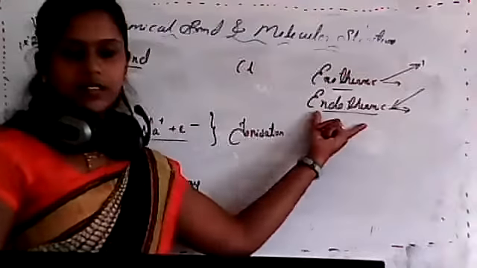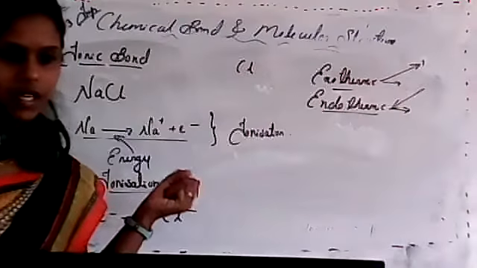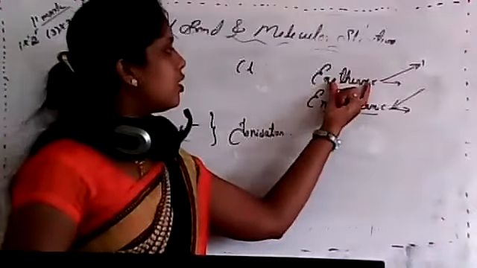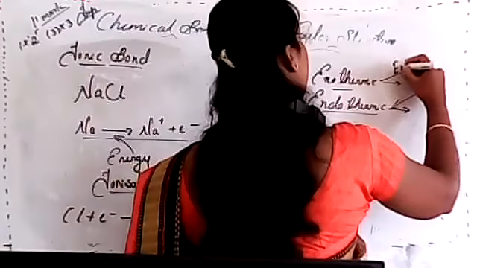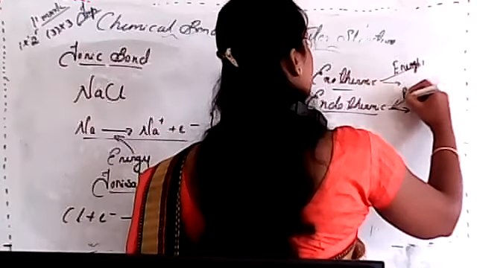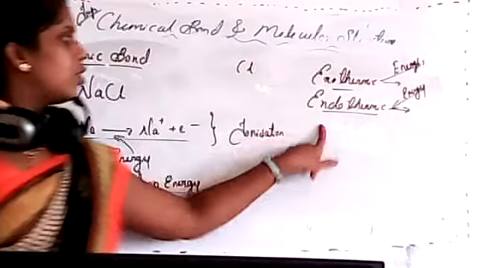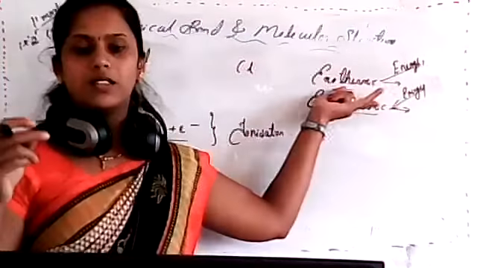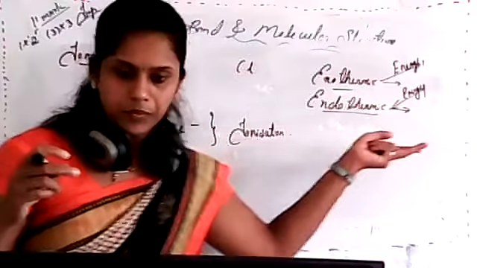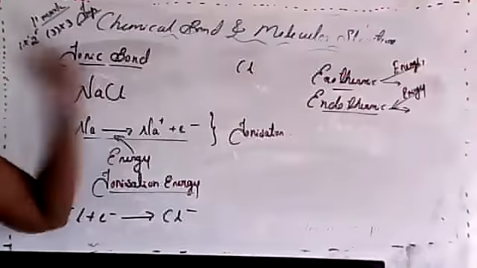Exothermic is energy released, isn't it? If energy is gained by any system, that is known as endothermic. If energy is lost by the system, it is exothermic. Yeah, liberation. You can use liberation.